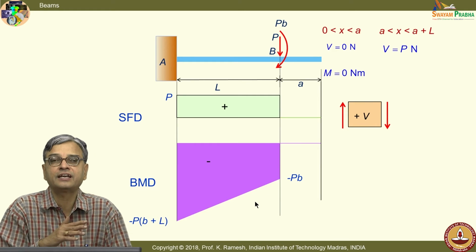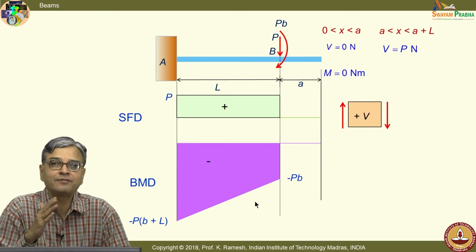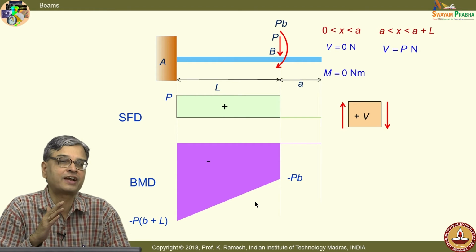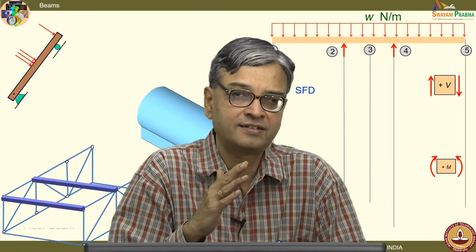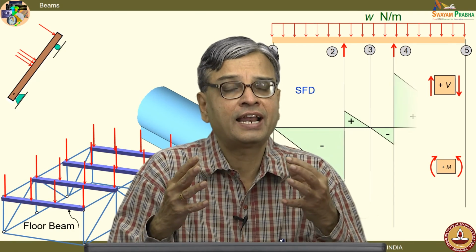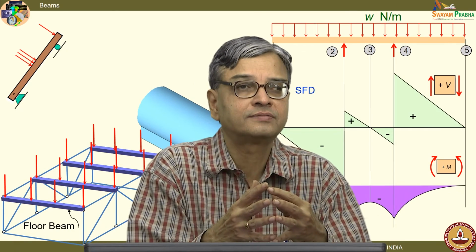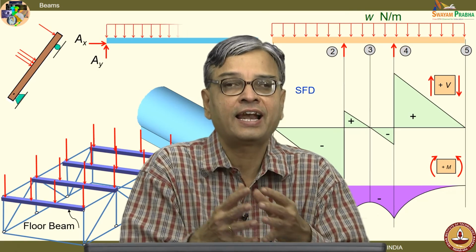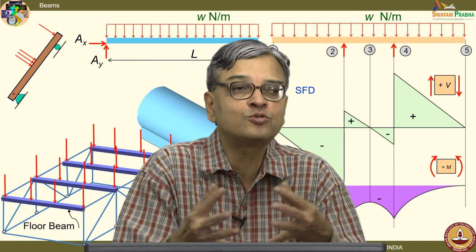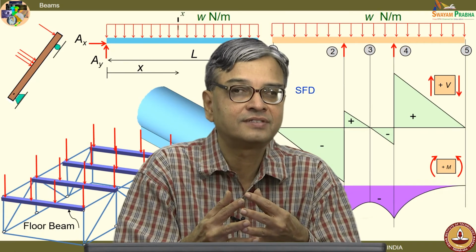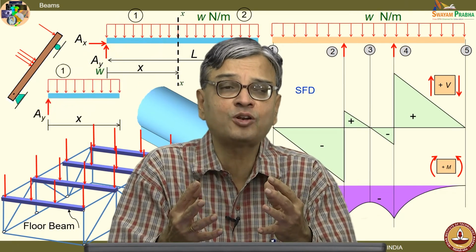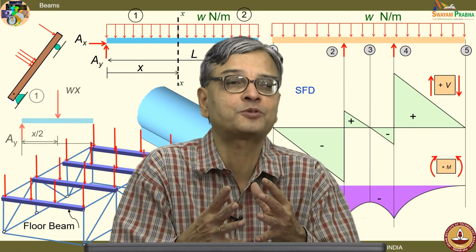I said earlier, in our idealization, systems behave in a linear fashion. When a system is linear, I can analyze the problem with one load separately, analyze the problem with another load separately, and add these two answers. And this is called the principle of superposition.